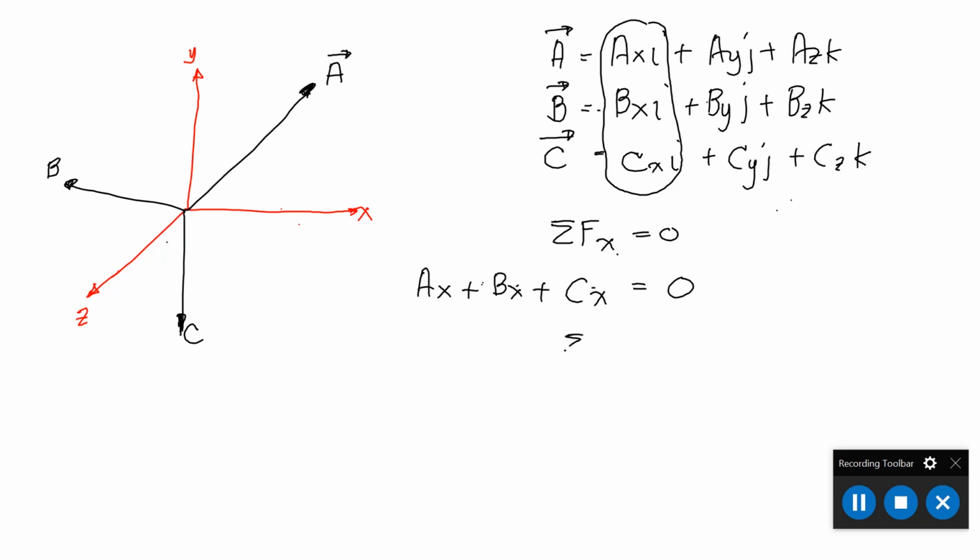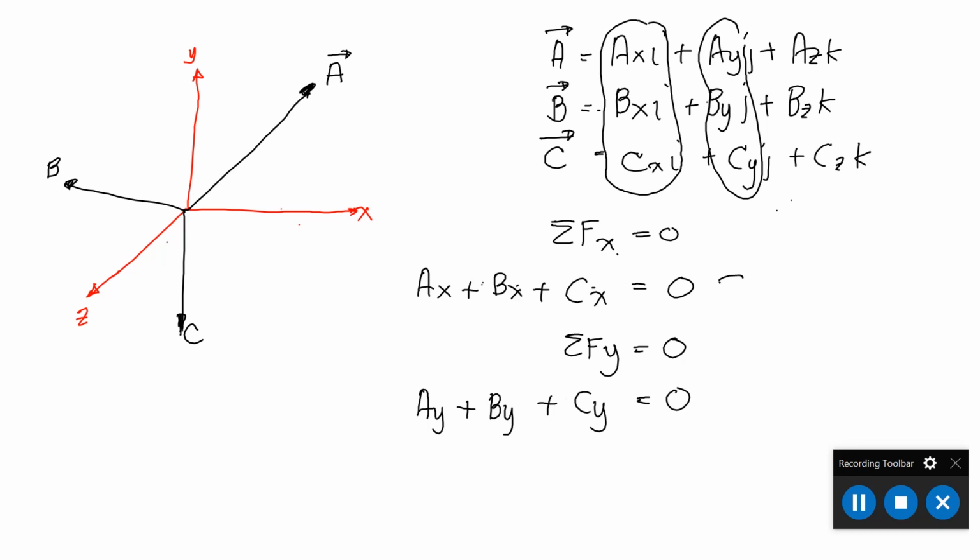Therefore, it also follows that the summation of F of y, or the forces along the y-axis, is equal to 0. Then, i-add nyo naman to lahat. So A_y plus B_y plus C_y is equal to 0. So this will be your equation number 1. This will be your equation number 2. Since we have three unknowns, we need another equation, and that will be from the summation of forces along z-axis is equal to 0.